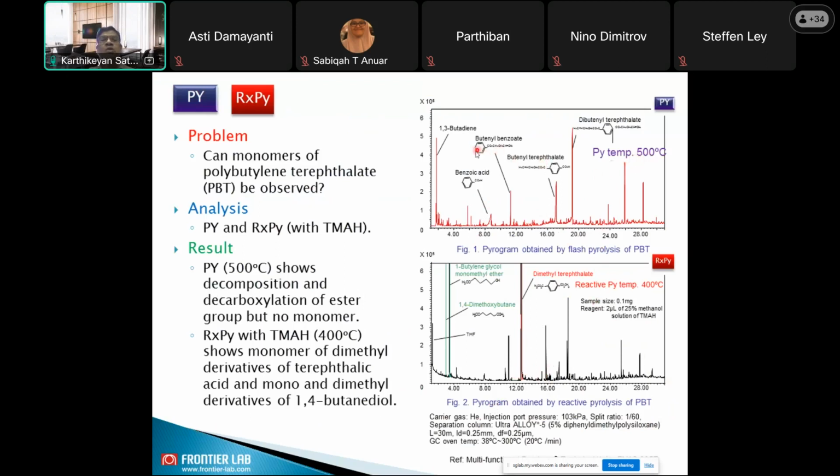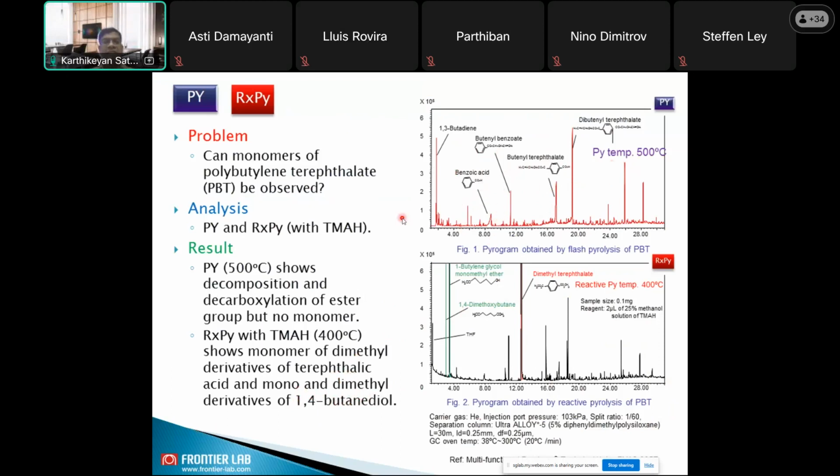It shows different pyrolysates like butadiene, benzoic acid, butenyl benzoate, and also butenyl terephthalate and dibutenyl terephthalate. But you will note that it does not show any prominent peak for the monomer terephthalic acid or the mono or dimethyl derivative of the butanediol. So this is what is missing when you carry out the fast pyrolysis.